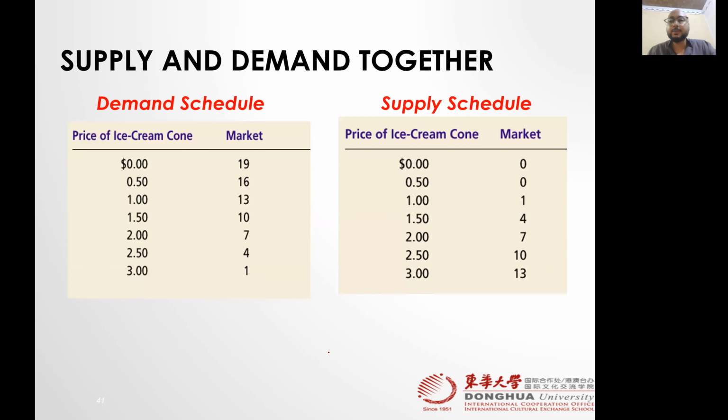So if you see here, even if I do not write down here this is supply schedule or this is demand schedule, can you find out which one is the demand and which one is the supply? Look at the price here. Price is going up, right? What is the quantity here?